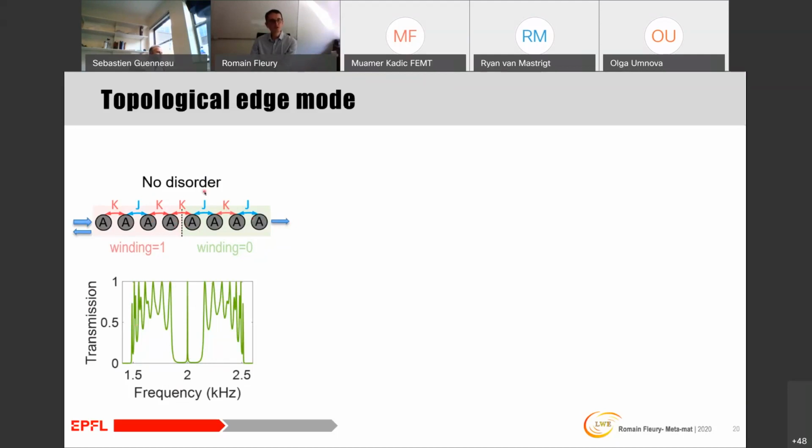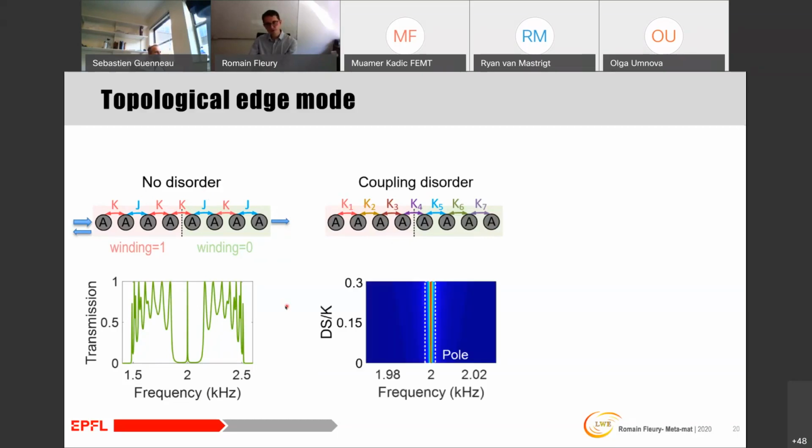Now let me put some disorder, but I preserve the chiral symmetry. So I'm always guaranteed to have that edge mode, even if I have disorder. So I put some random disorder on the couplings. Basically what I'm doing in this plot is focusing on the band gap. The red thing you see is this peak in the middle of the band gap.